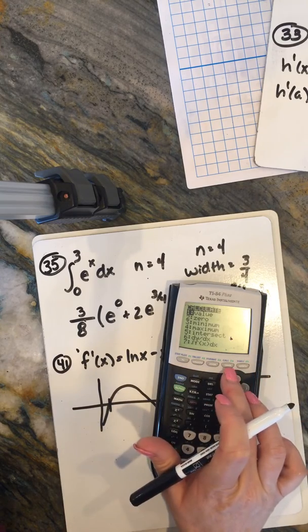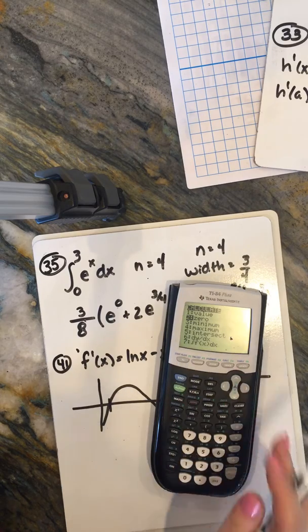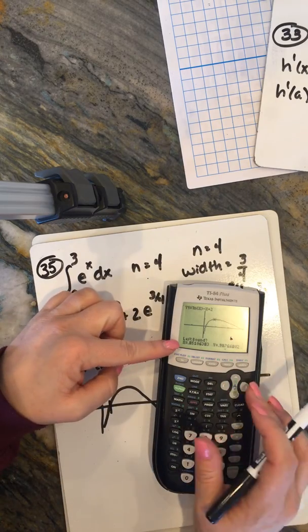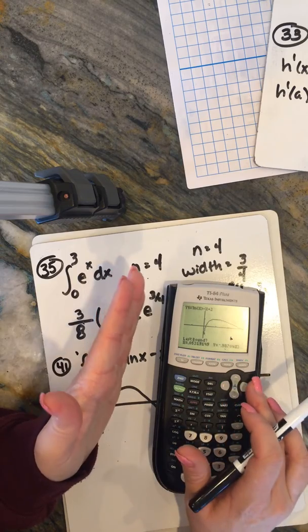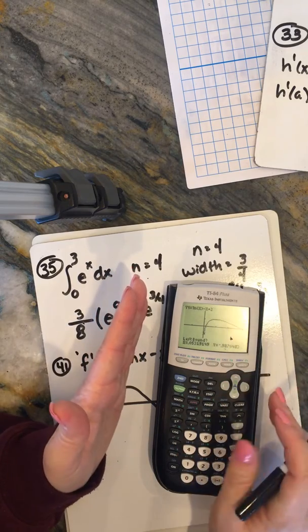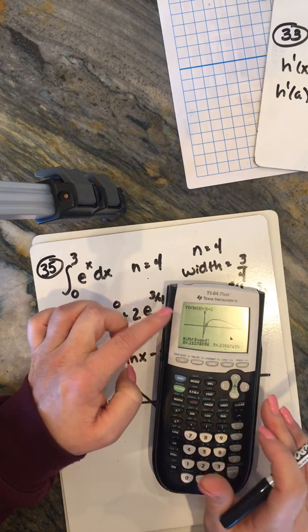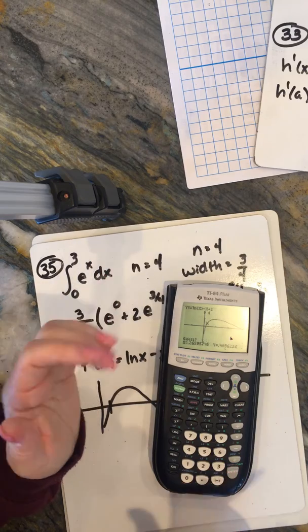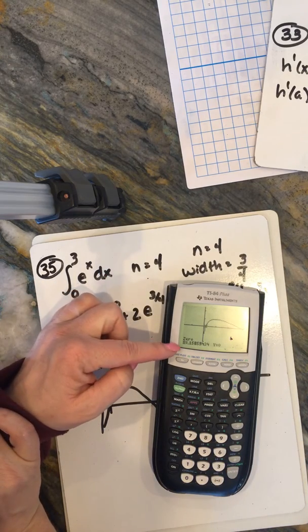You're going to go to calc, so second trace, and you want to find the 0, so number 2. Down here at the bottom it says left bound, so we want to be on the left side of where it crosses the x-axis and hit enter. Then it asks for a right bound, so arrow over to somewhere on the right side of where it crosses the x-axis, and then hit enter. And it gives you a guesstimate of where the 0 is.